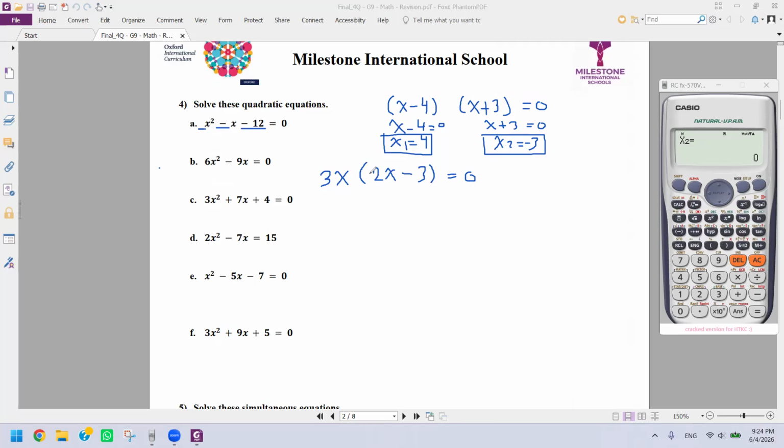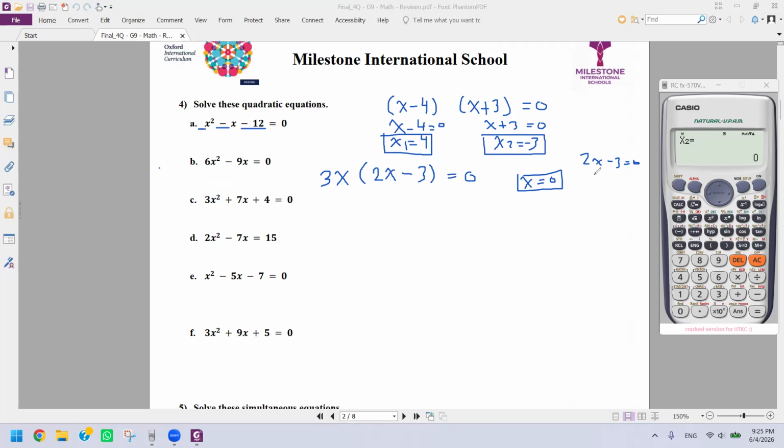Now how do I solve it? Again, the multiplication is 0. Either the first one is 0. So 3 times what to be 0? It's 0. So either x equals 0, or 2x minus 3 is equal to 0. How do you solve this?